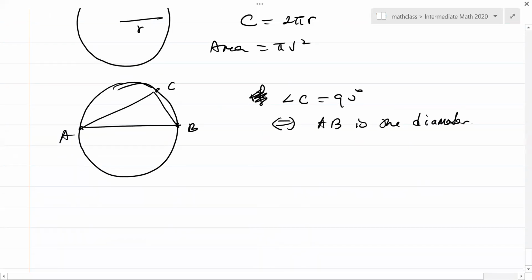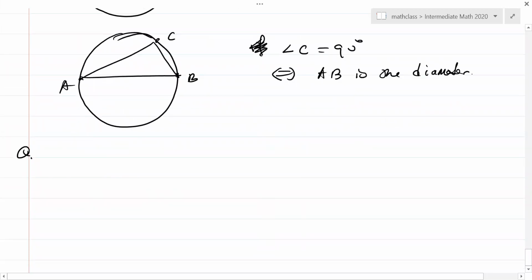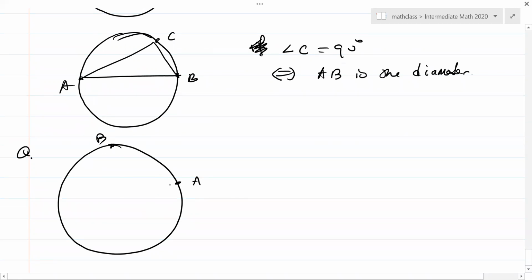Okay, this is a very important property we should know. So for example, let's find an interesting problem. If we have a circle, and we're given A, B, C and D, I draw this.